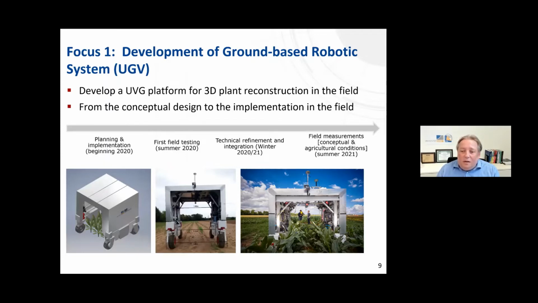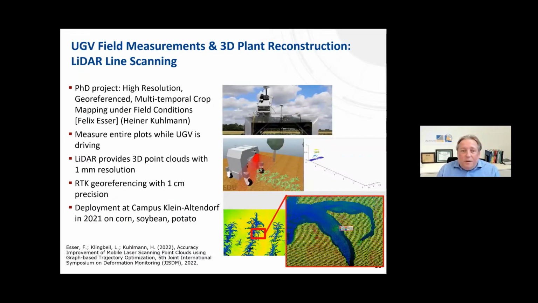Every year we collect some data, make experiences, and then use that to revise the platform and improve it over the winter for the next growing season.